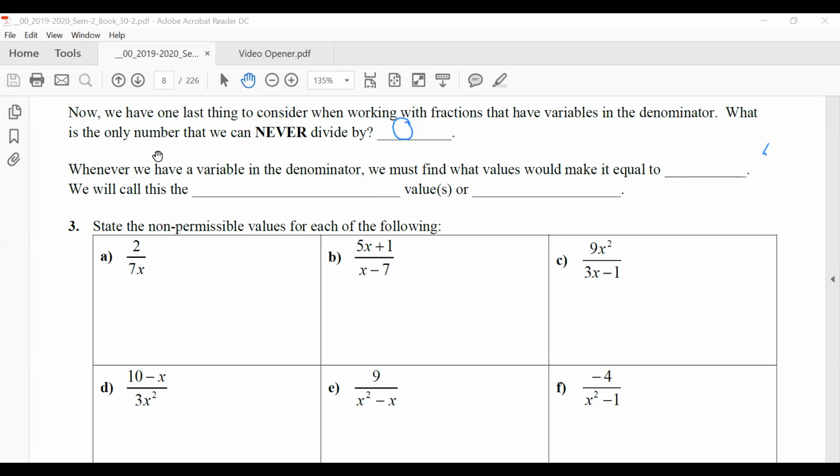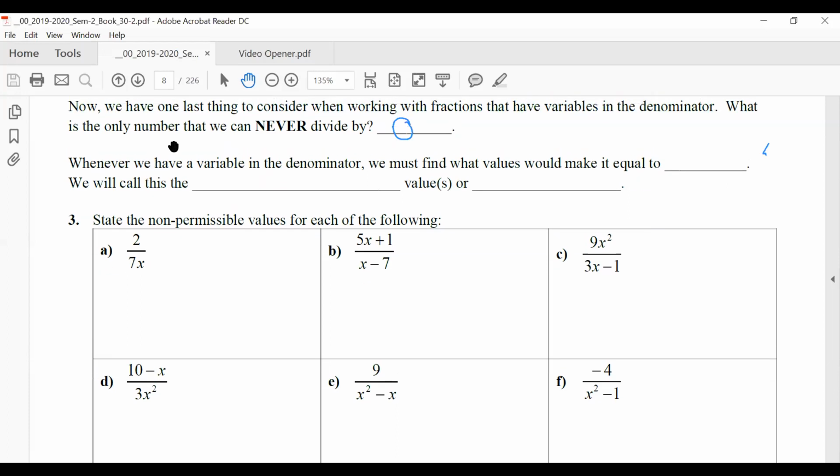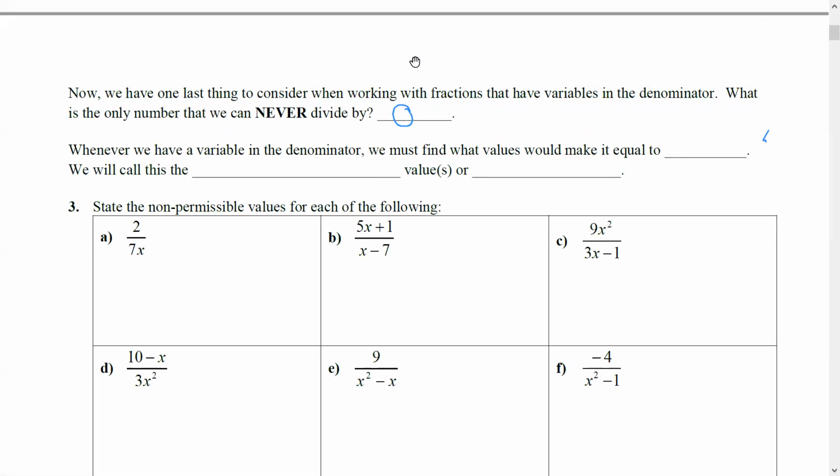For us, why this is going to be a problem is that now we've got variables in the denominator, so we need to be careful that we're not dividing by 0. So we have to find the values in the denominator that make it equal to 0. We will call these the non-permissible values, or when we're being lazy, NPVs.